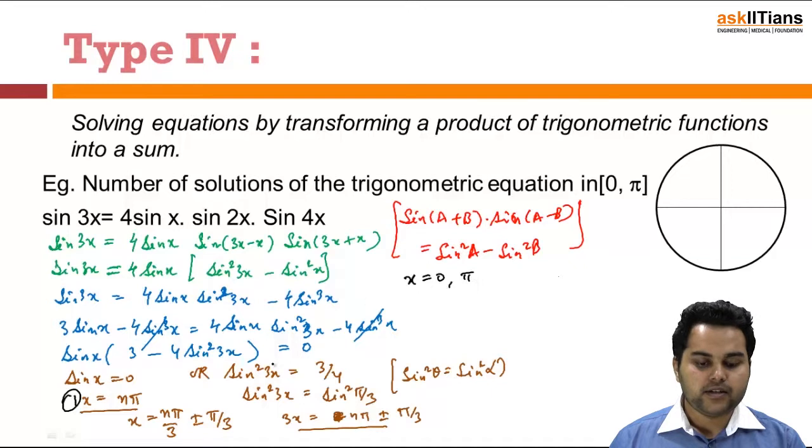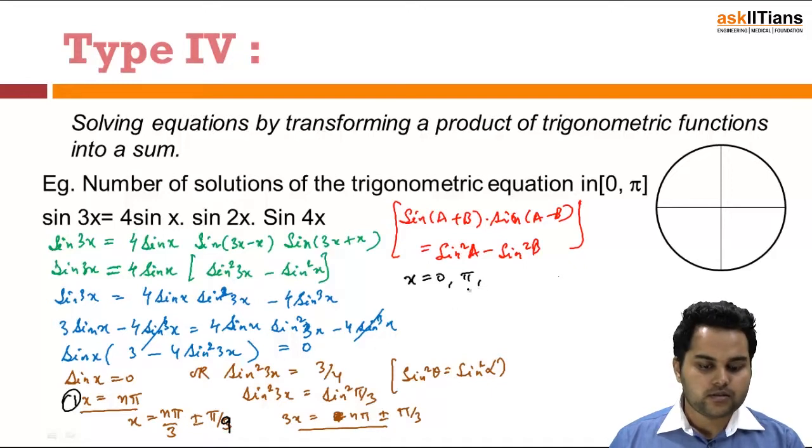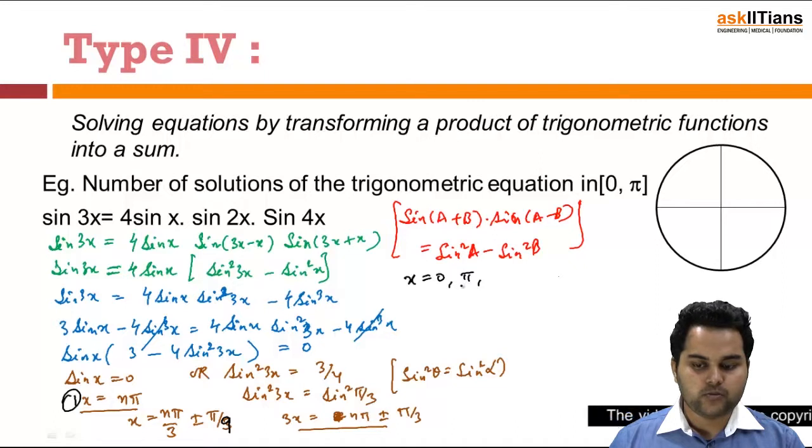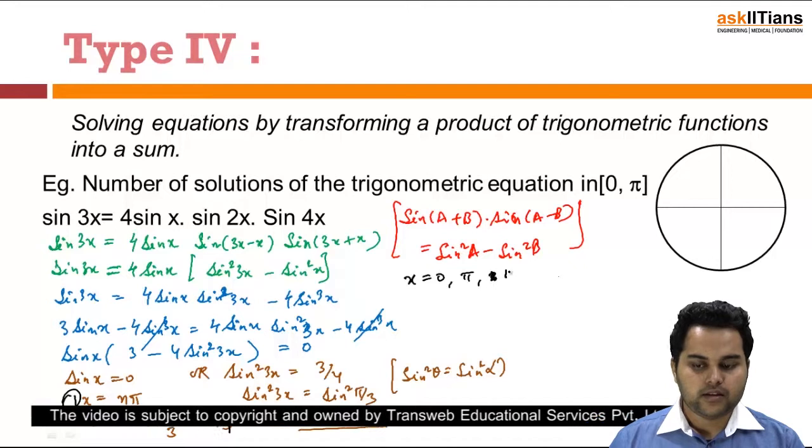For the second, I'll have n pi by 3 plus minus pi by 9. So I'll have the values as, if I consider n is equal to 0, that would give me pi by 9.